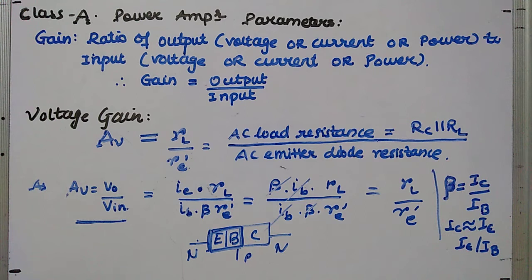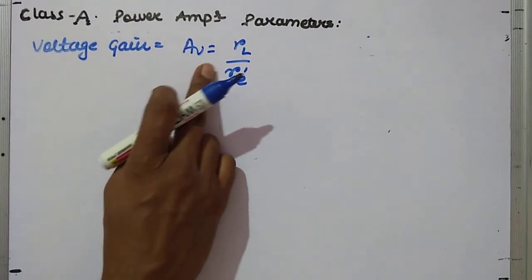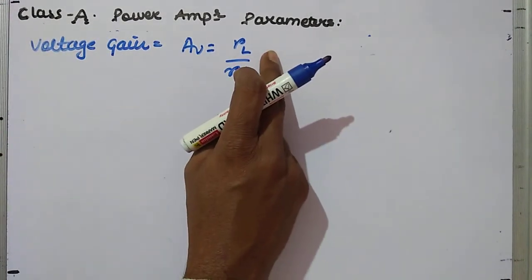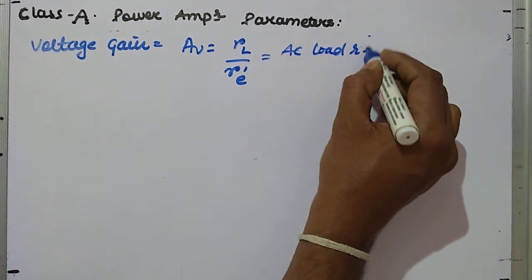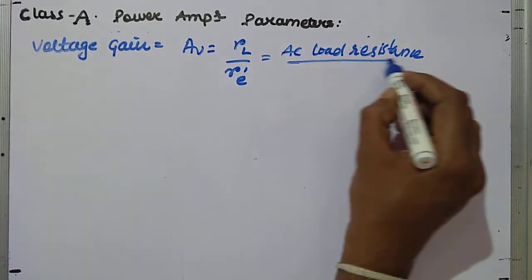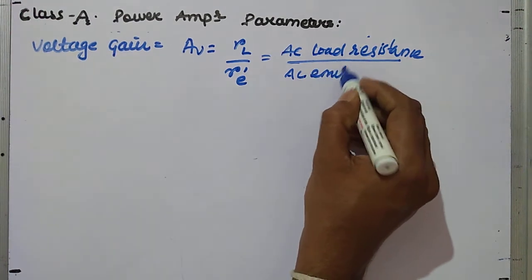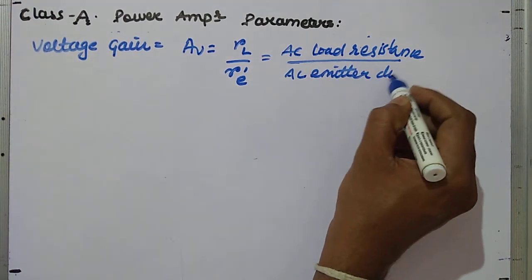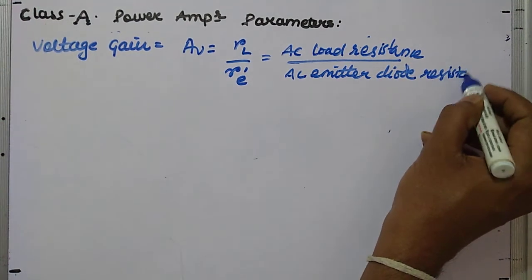So this is about the voltage gain. Now we will study the current gain and power gain. Now as we have seen, voltage gain AV is equal to AC load resistance divided by AC emitter diode resistance.